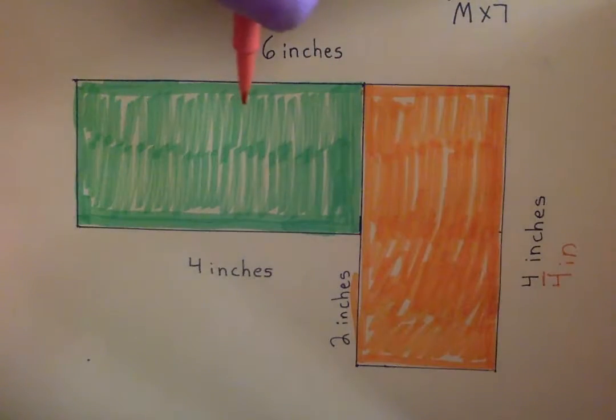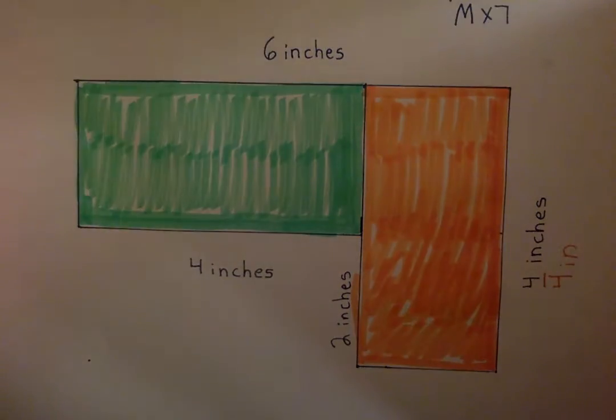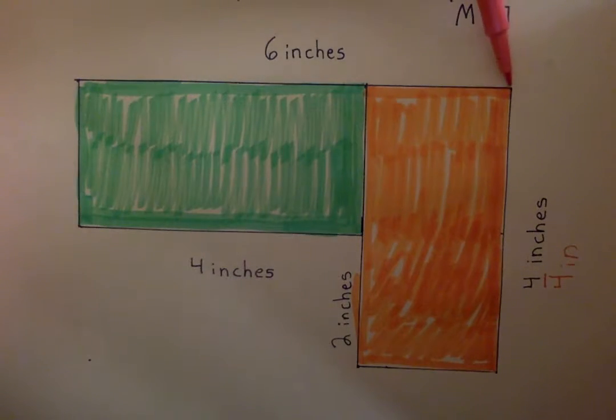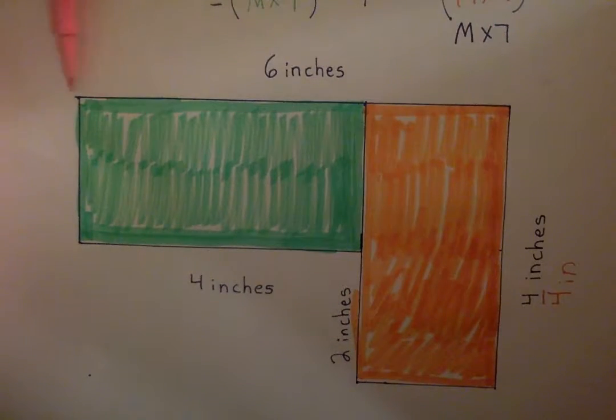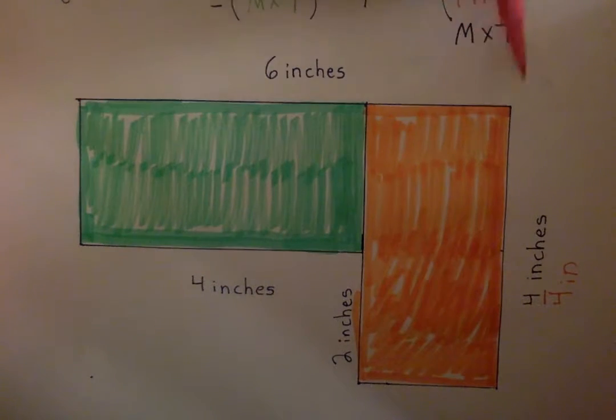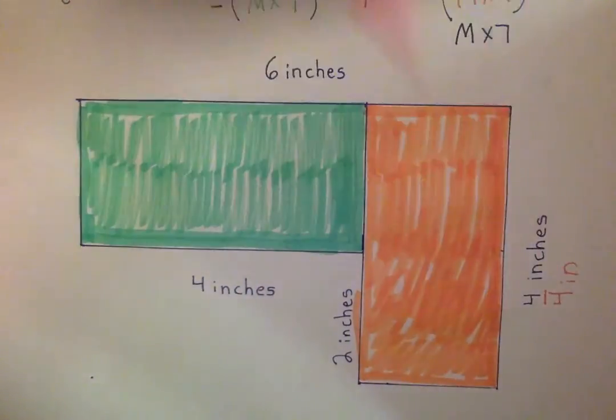But now the width, look at my width. I have a width from this point to this point, yet it includes both the orange and the green. Now, the thing is I'm not calculating any of the green. I don't want to calculate any of the green. It does not show my width here.